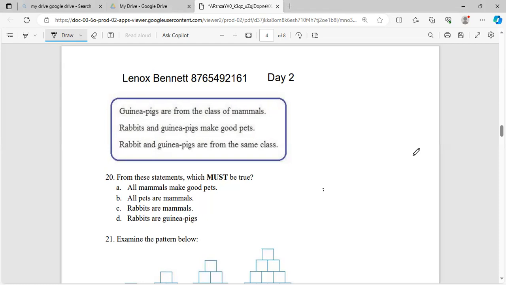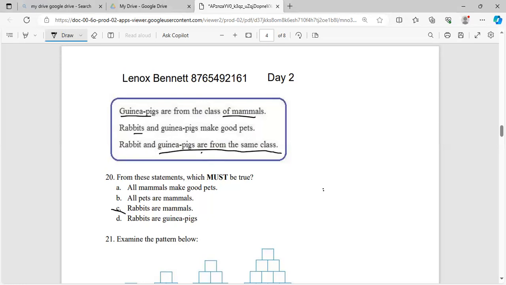Because they say guinea pigs are mammals, and they say rabbits and guinea pigs are from the same class. So that would be C.